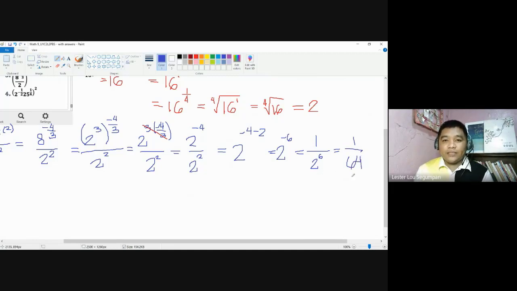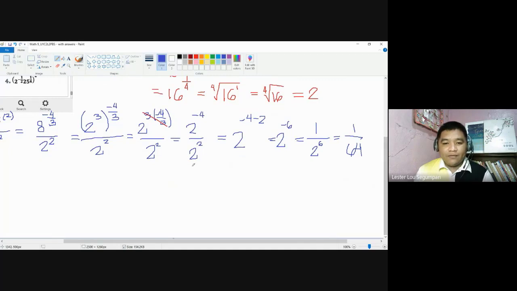This is one of the processes you could do by immediately applying the division law. But you could also apply the law of negative exponent by moving down the negative exponent here. And you will have, again, a remaining numerical coefficient of 1 over. You will still have 2 squared in the denominator, but with an additional 2 to the power of 4.